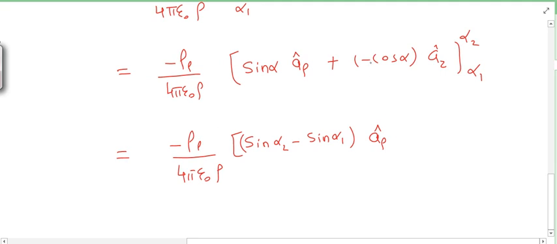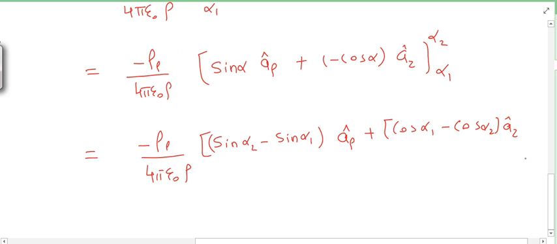So here it is minus. So if I write minus cos alpha 2, then minus of minus is minus cos alpha 1. So it will become cos alpha 1 minus cos alpha 2, here a z cap. I'll close the brackets.